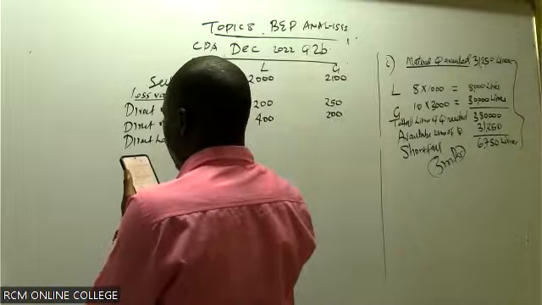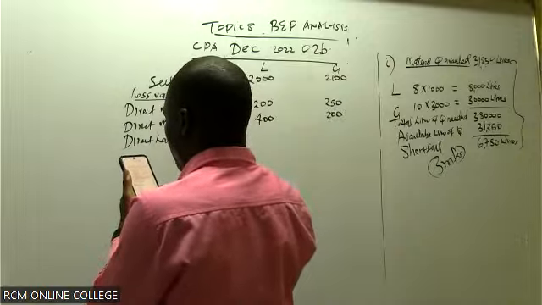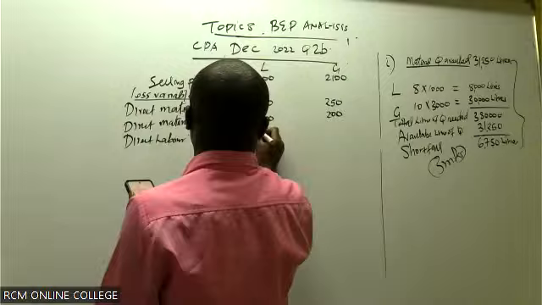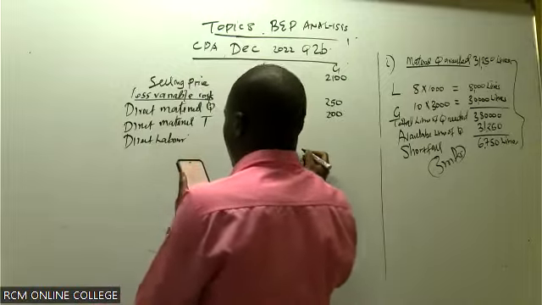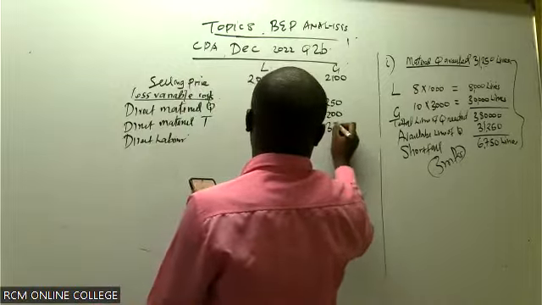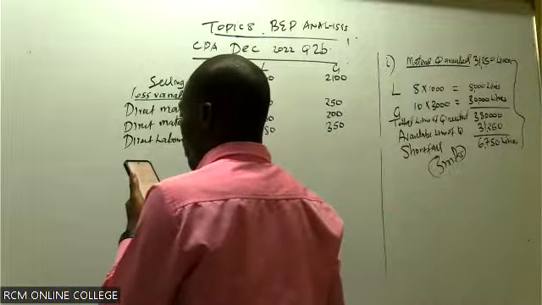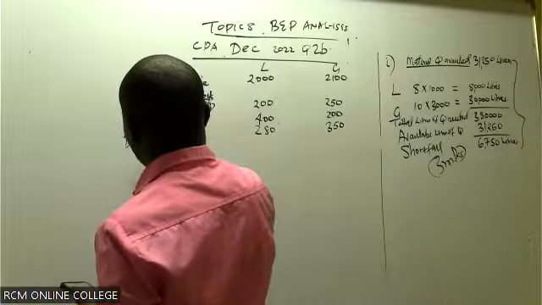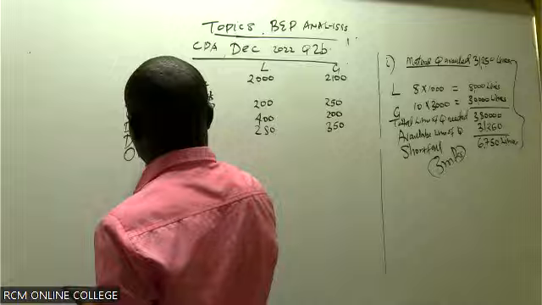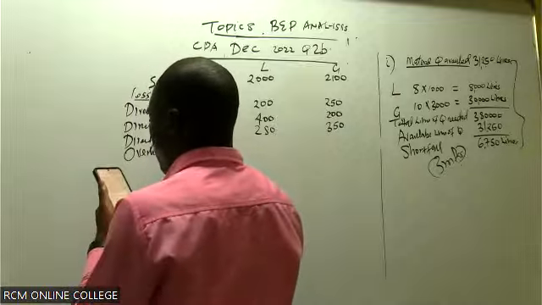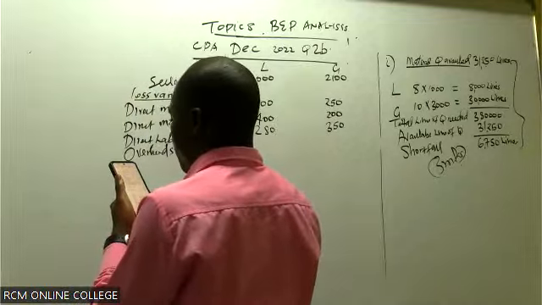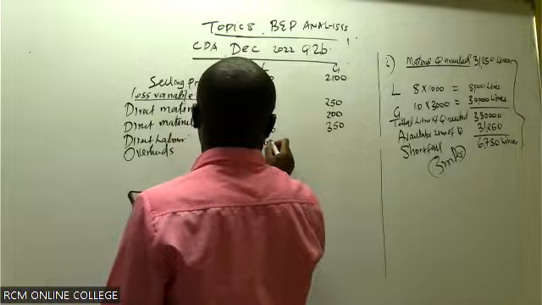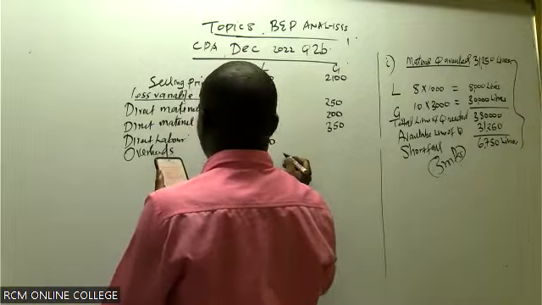Then direct labor, they're going to spend 350. Then we have the variable overheads. They are going to spend 200.